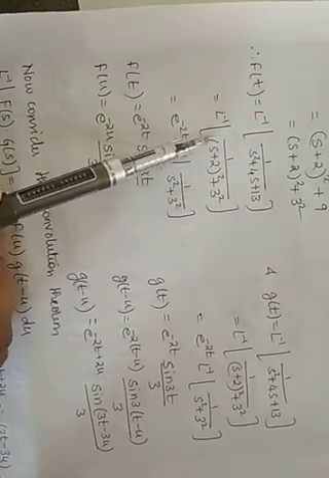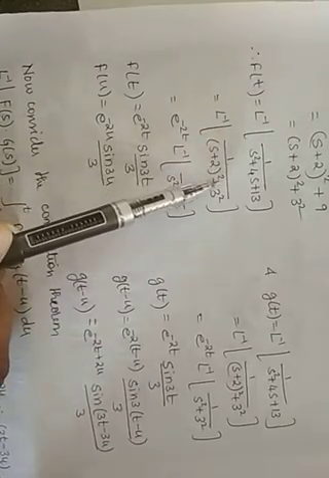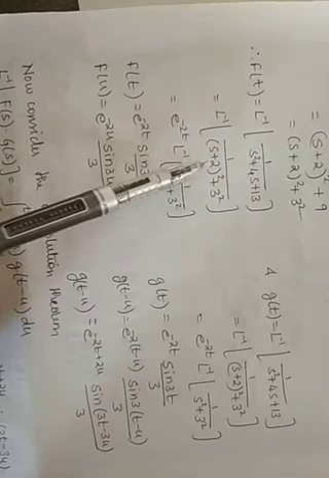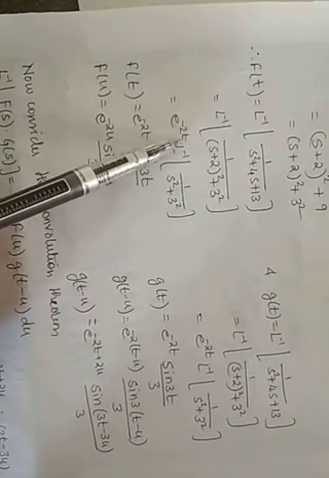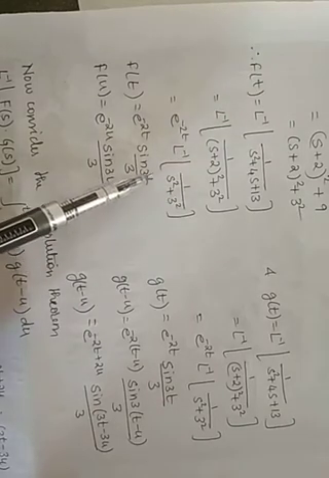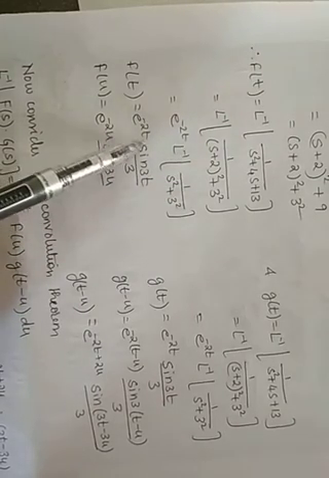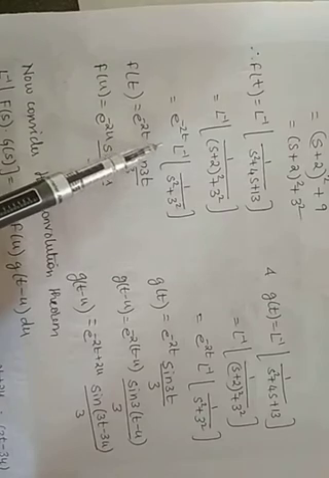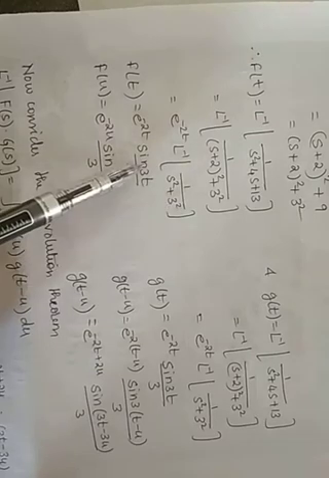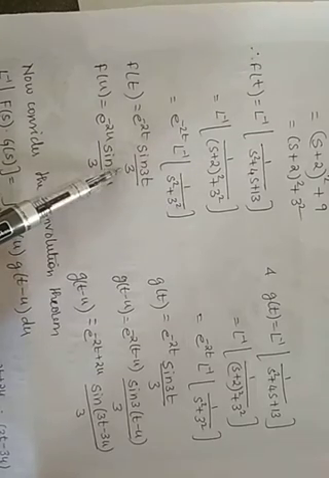Since s plus 2 the whole square has come, it means the signal has got shifted. So we will apply the first shifting property: e raised to minus 2t, L inverse of 1 upon s square plus 3 square. E raised to minus 2t, you keep as it is. This is the L inverse of 1 upon s square plus a square, that is sin at upon a.